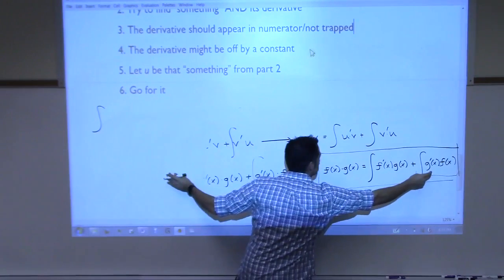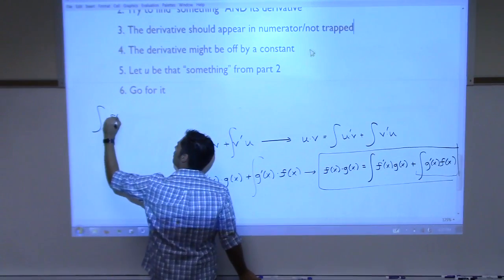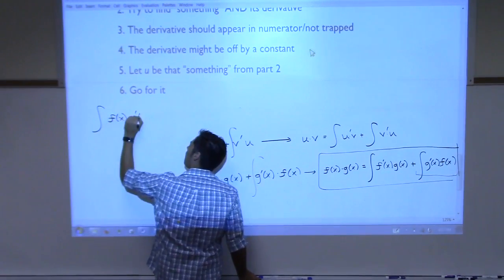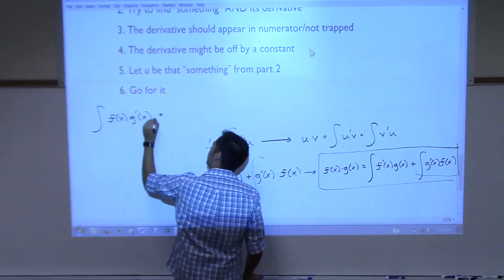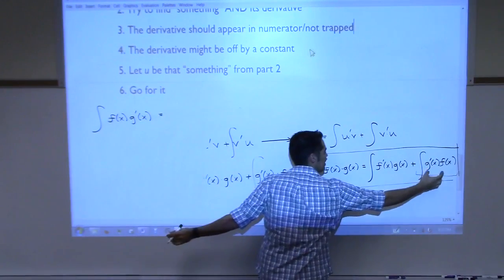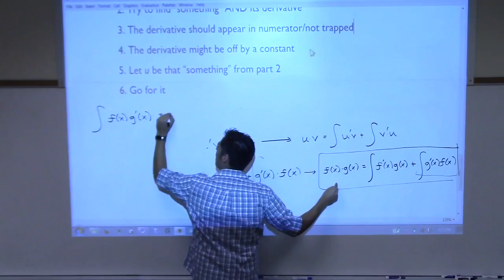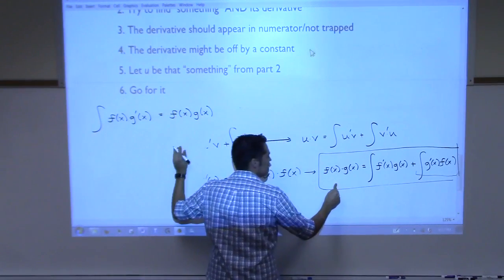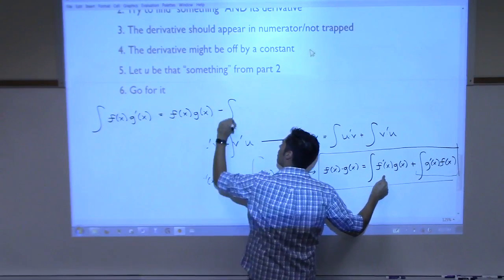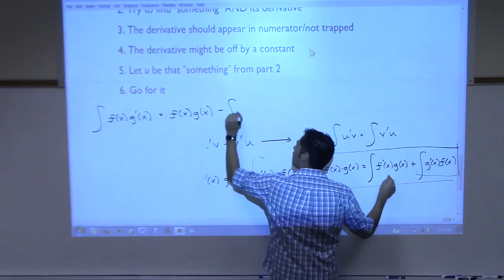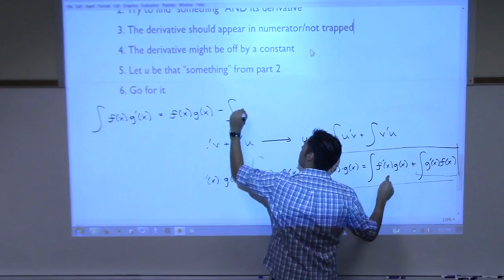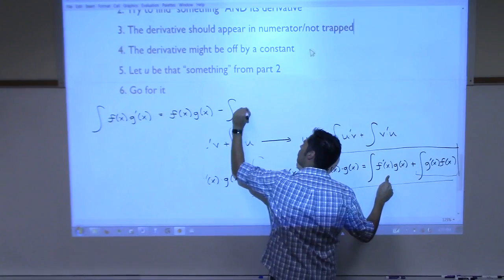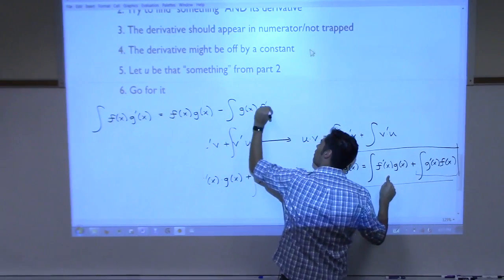This one right here, f of x times g of x, I'm changing the order on purpose, equals this, which is still over there. My left and right sides are switching places here. Minus the integral of f prime of x times g of x.